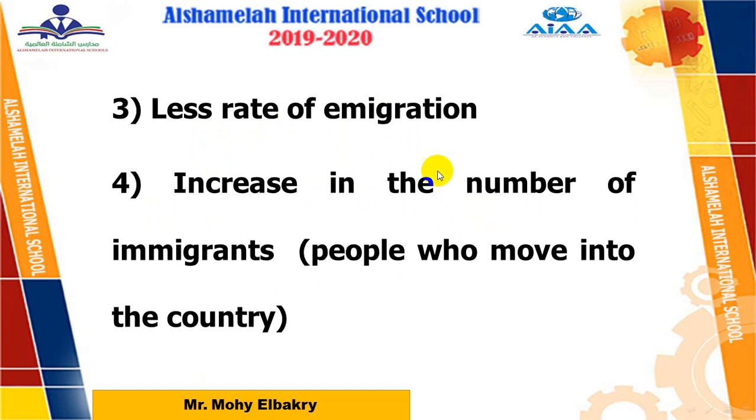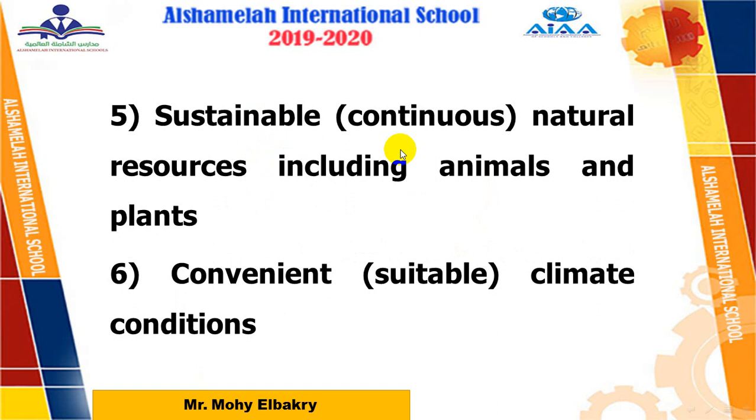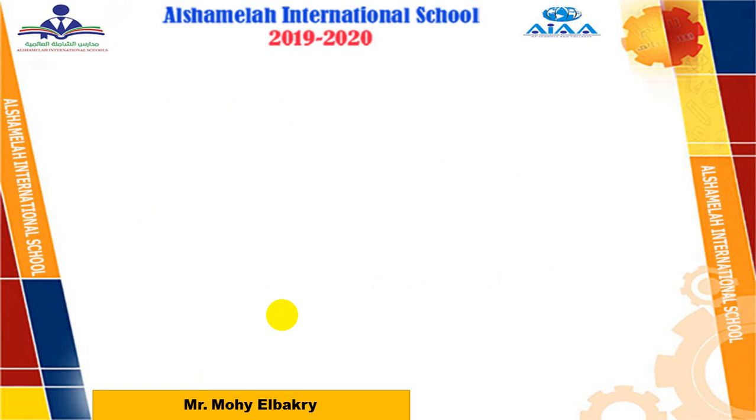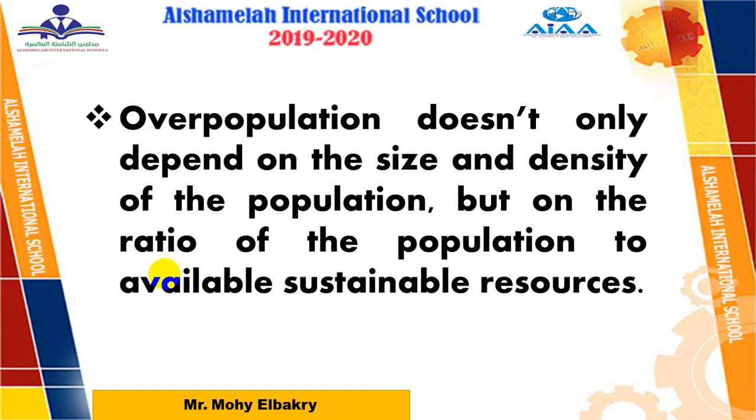Number 4, increase in the number of immigrants, means more people will come to live in your country or in your city. Number 5, if there are sufficient or enough natural resources. Number 6, if the climate conditions are convenient or suitable or good.